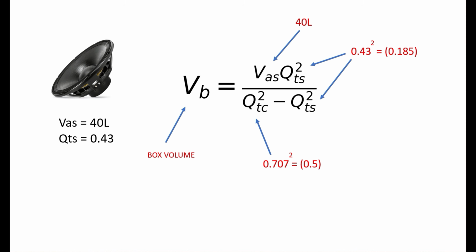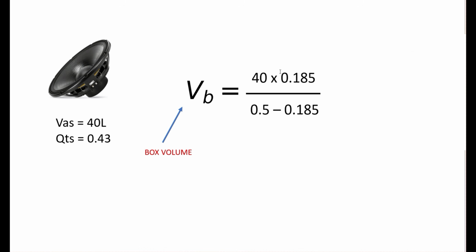If we just plug in all of those values, we end up with 40 times 0.185, over 0.5 minus 0.185, and that ends up giving us a number of 23.5 litres. So that is the internal volume that you need in an enclosure to give you a balanced playing subwoofer or mid bass or whatever it is that you're building, right?